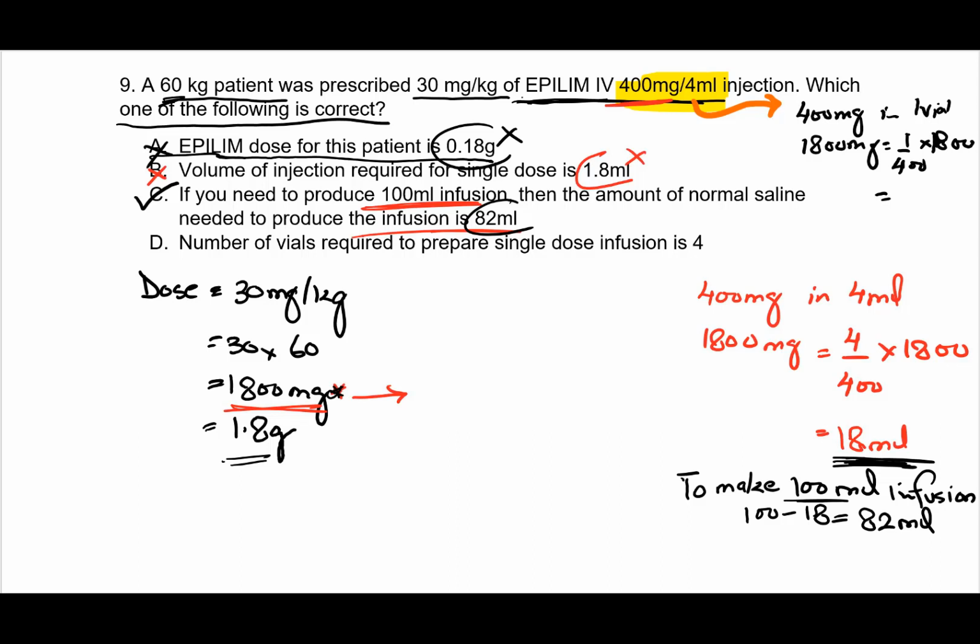So I will need 4.5 vials. Because these are numbers of vials, let's round it up and make it 5 vials. Here it's given as 4. 4 vials are not going to provide the sufficient dose, so that means D is wrong. So C is the correct answer here.